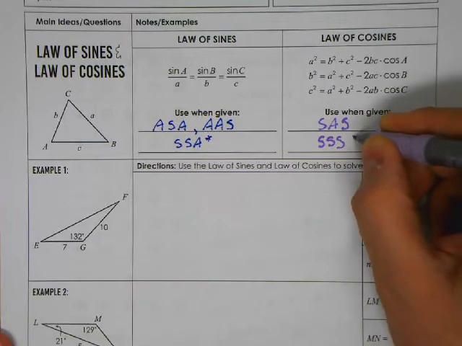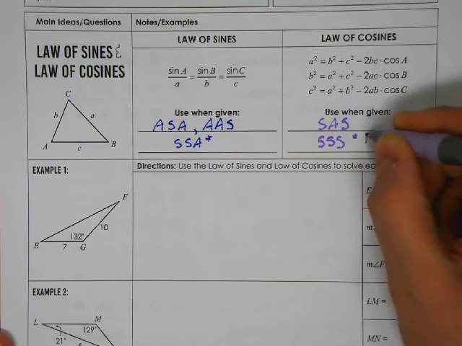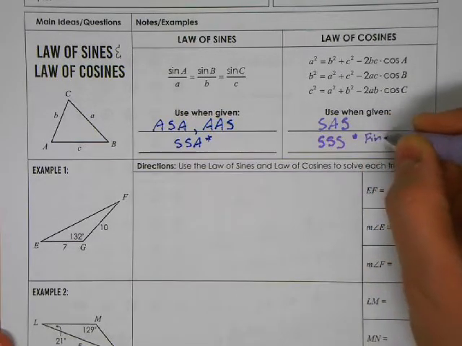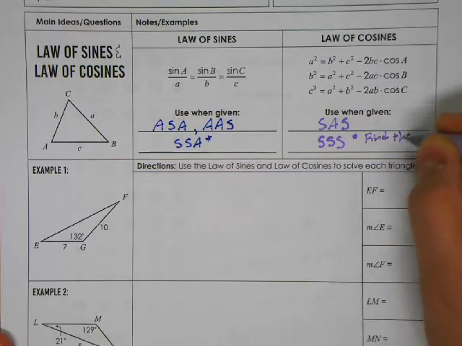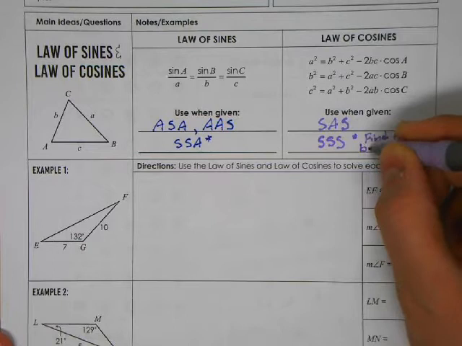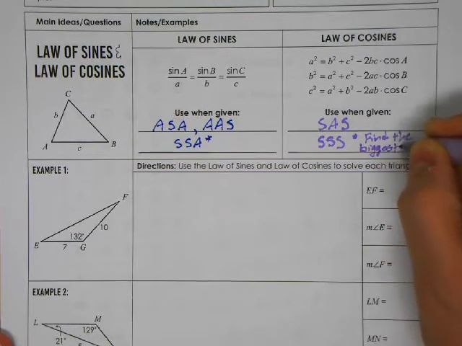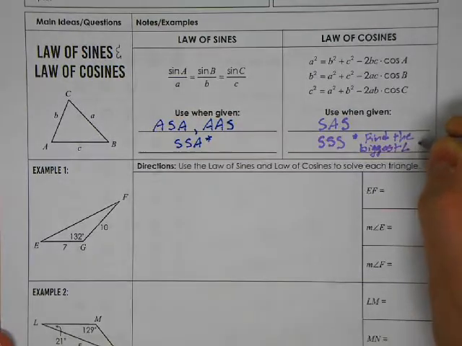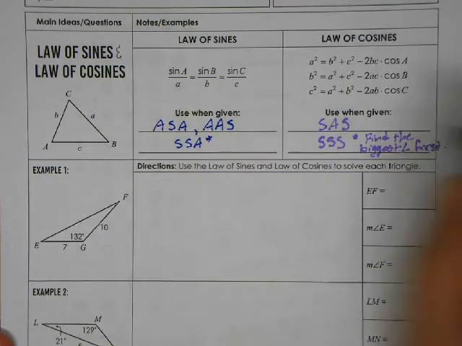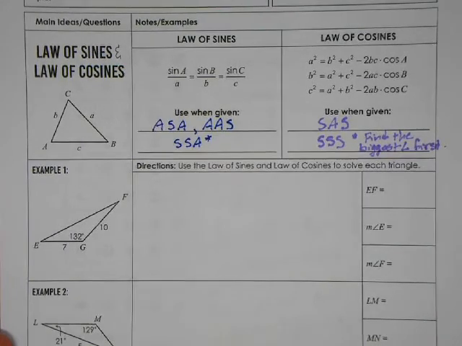And usually if we're doing side, side, side, we want to find the biggest angle first. It'll just make things easier when we look at it like that. So find the biggest angle first.